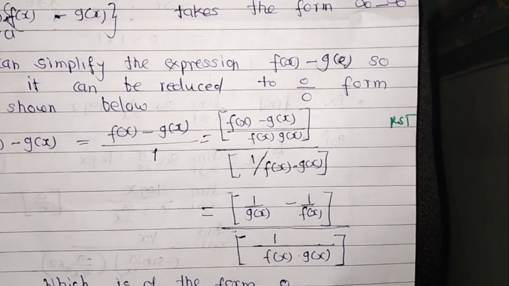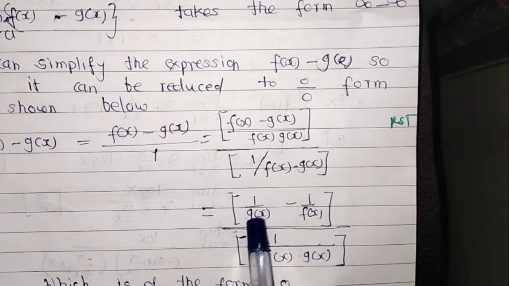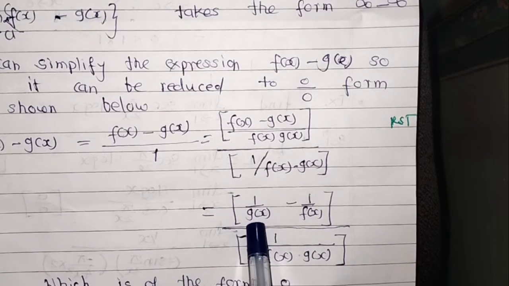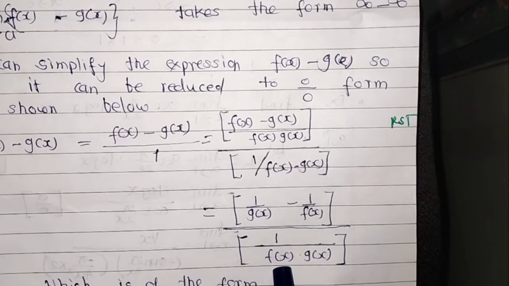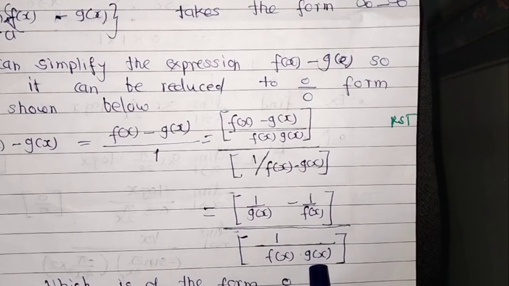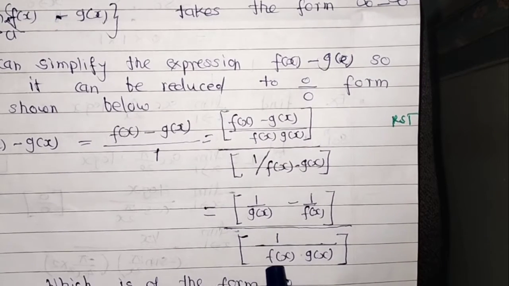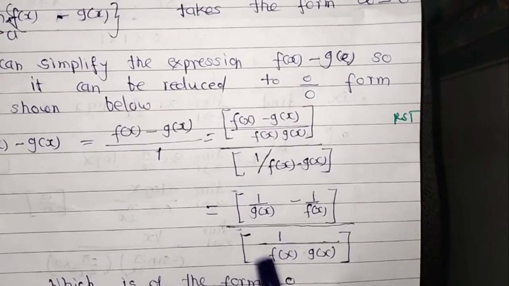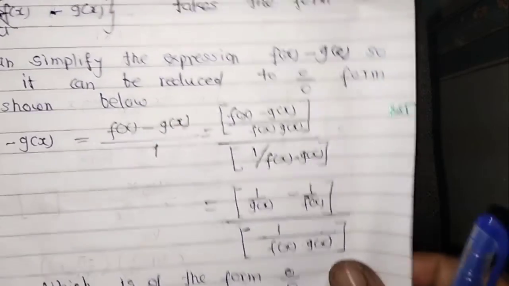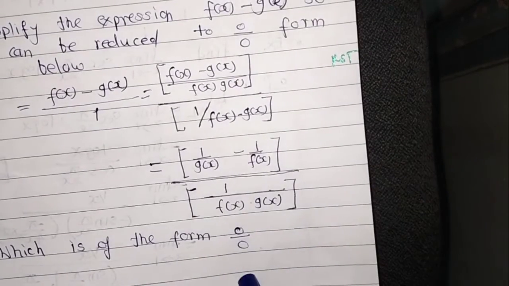Since here limit of f(x) is infinity and limit of g(x) is infinity, 1 upon infinity is 0, and 0 minus 0 is 0. And infinity into infinity is infinity, and 1 upon infinity is 0. So we get here the 0 upon 0 form.